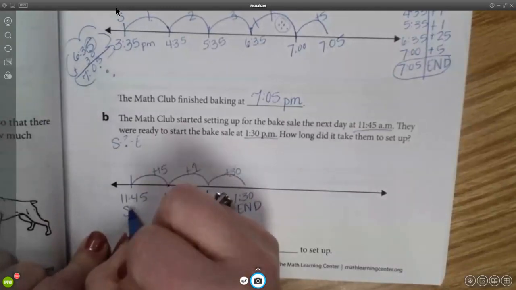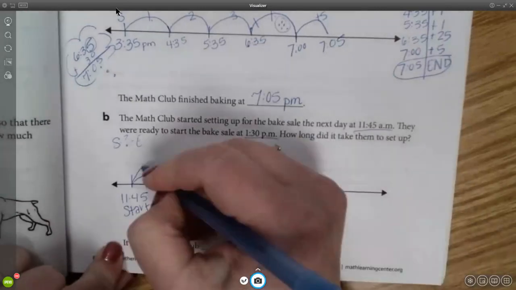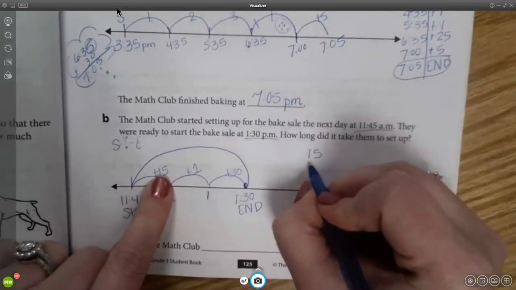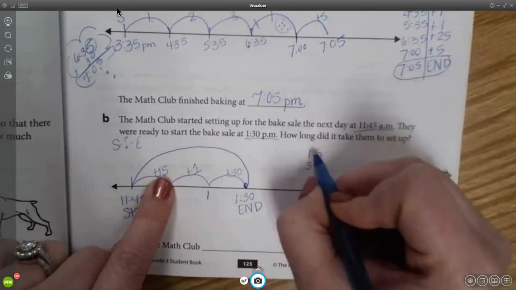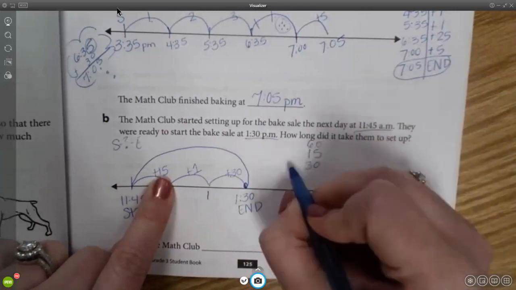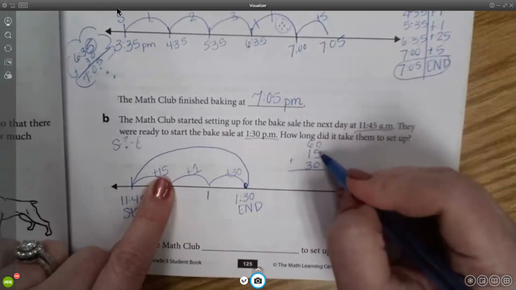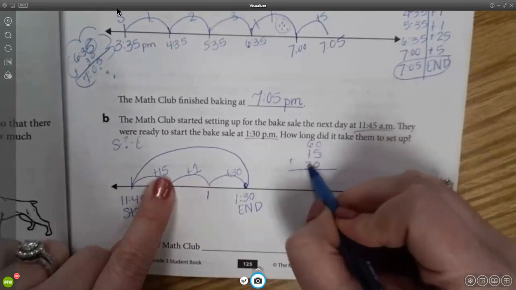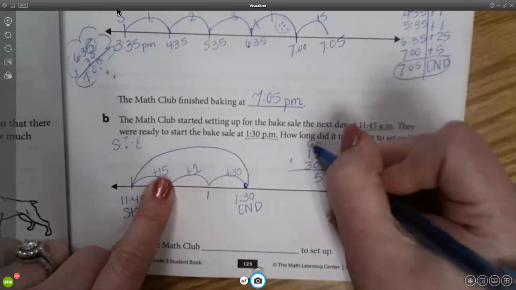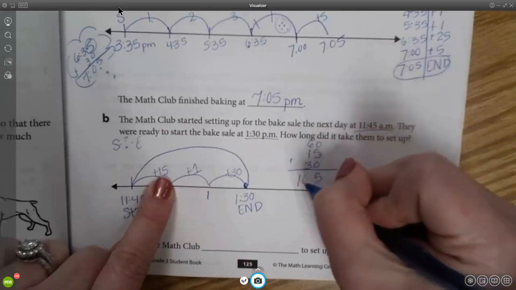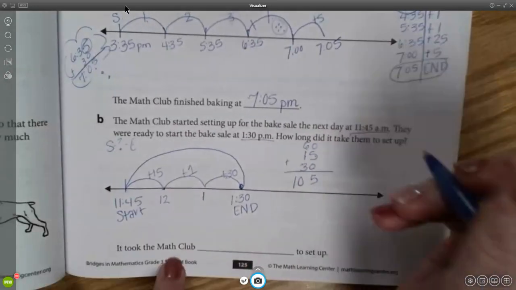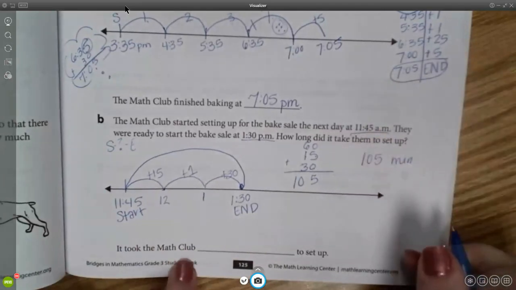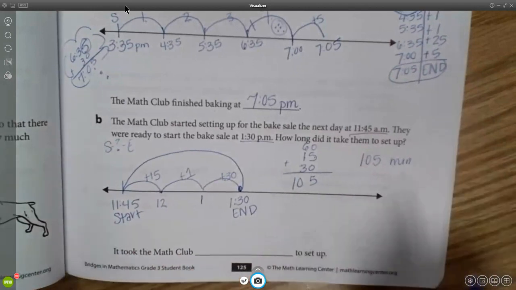That's my end time. And here's my start time. The elapsed is the time in the middle. So I've got 15 minutes, 30 minutes, and 1 hour, or 60 minutes. You know that 1 hour is 60 minutes. So I've got 5 plus 0 is 5, 60, 70, 80, 90, 100 minutes, or you can say 6, 7, 8, 9, 10, 105 minutes. So 105 minutes. The other way to express this problem is to answer it in hours and minutes.